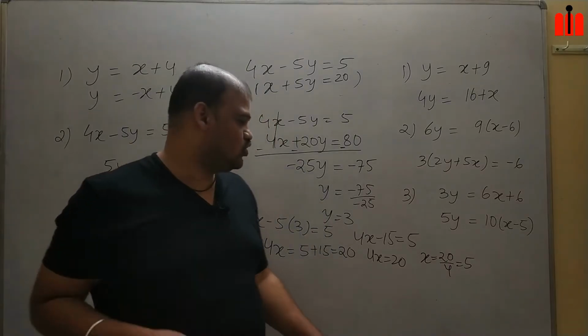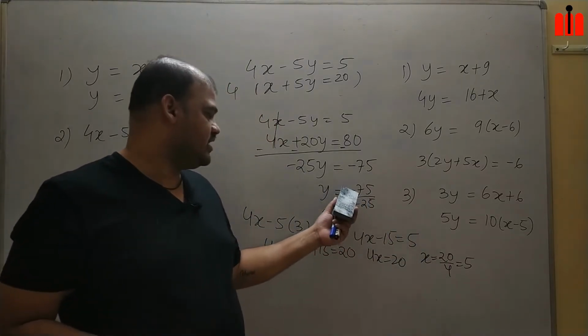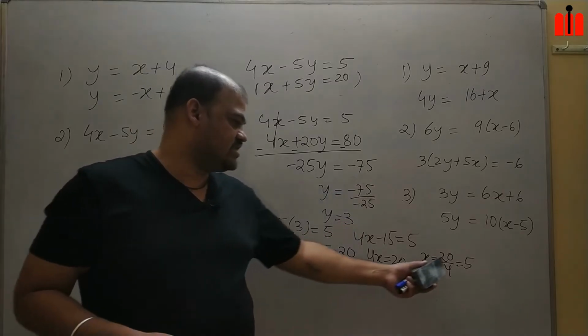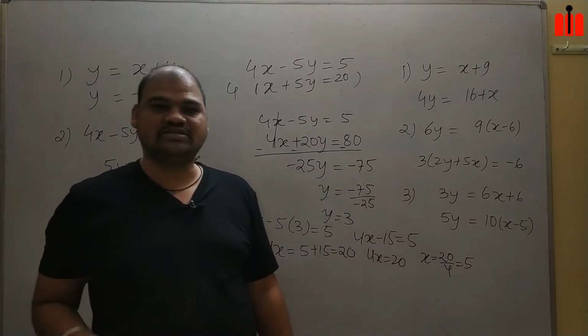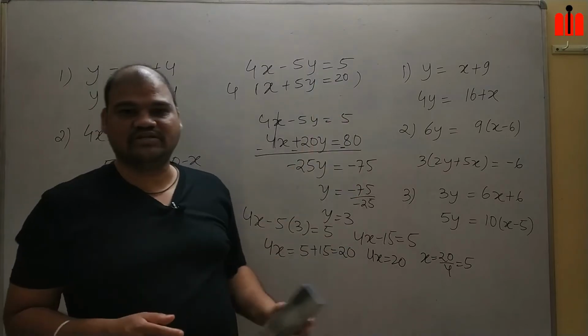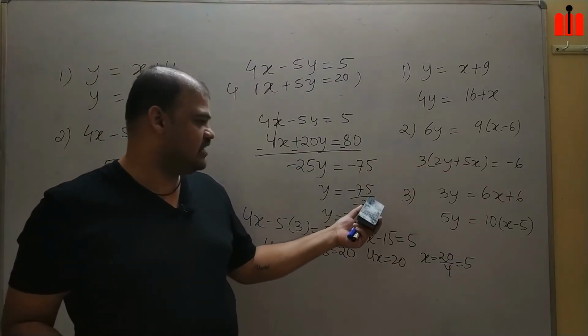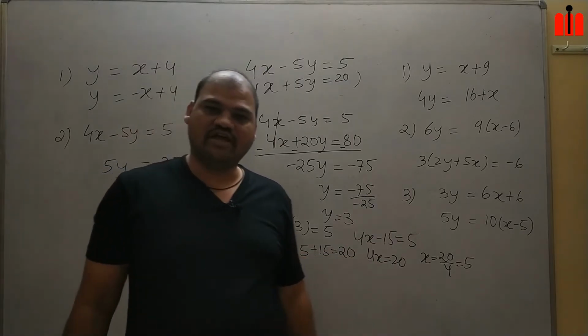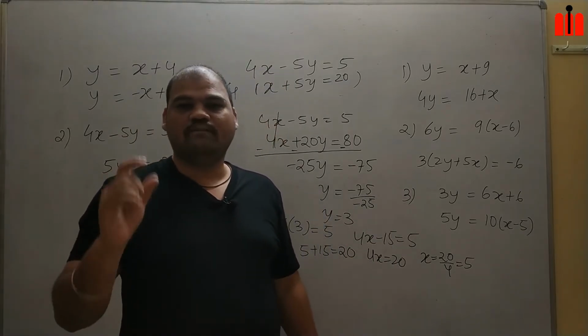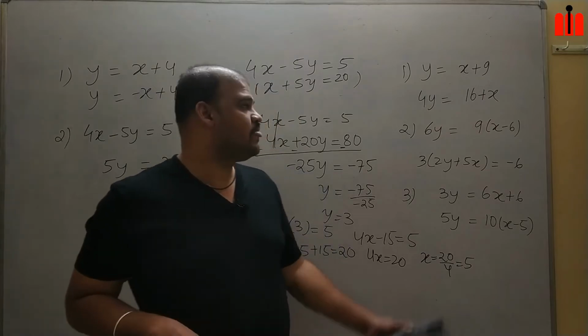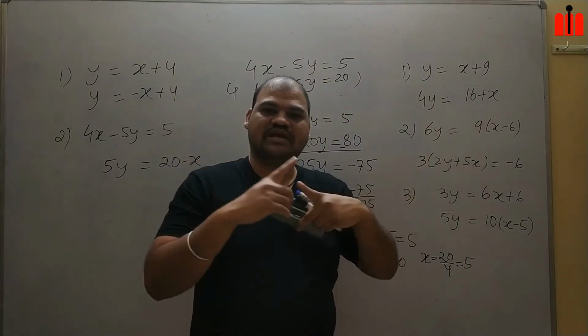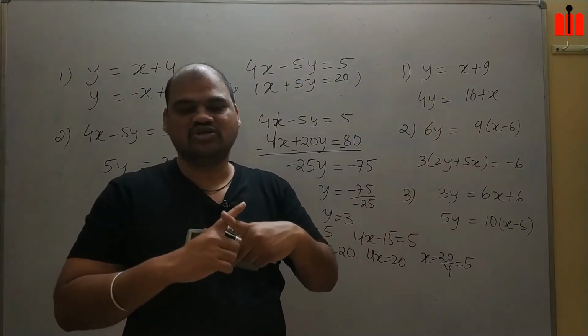Okay, and our solutions are the points like y equal to 3 and x equal to 5. So 5 comma 3 is the solution of these two equations. That means both of the lines will intersect at this point 5 and 3. At that coordinate both the lines will intersect. So that's why two lines are required to intersect and to form a solution.